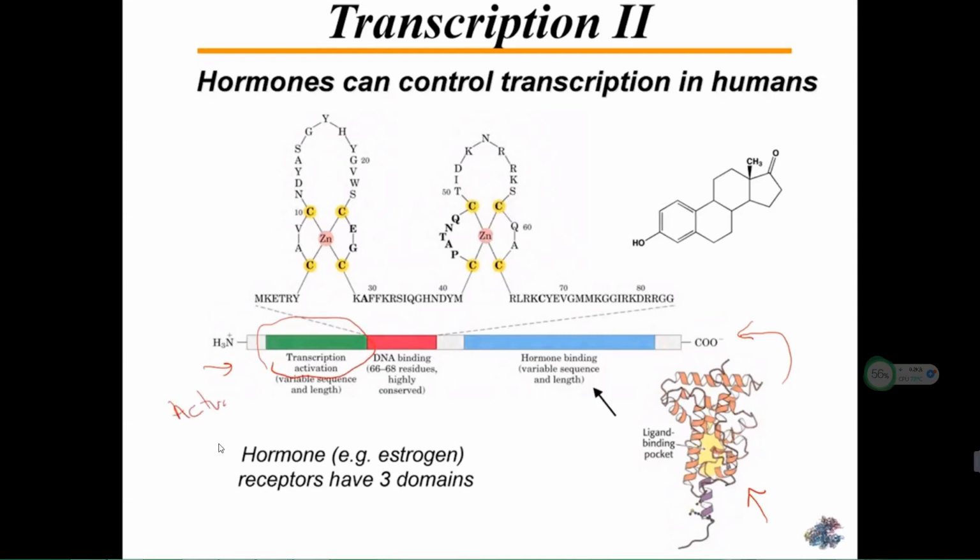There is a DNA binding region, and within this region there are 2 zinc fingers that are critical for binding to the double-stranded DNA. We know they're zinc fingers because they're tandem repeats, small domains, that are coordinated to these zinc ions and these 4 cysteine amino acid residues within the protein sequence. And then finally, there's a region where we can bind the estrogen hormone.